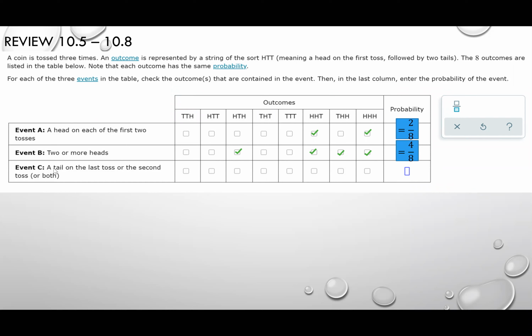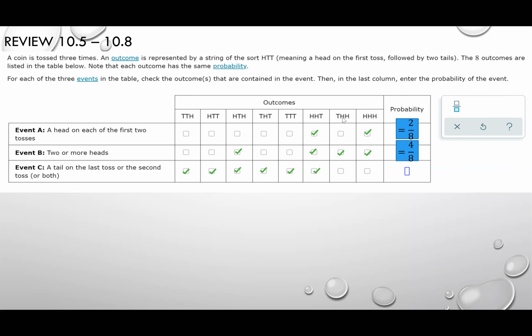Now they ask you for a tail on the last toss or the second toss or both. So we need a tail on the last one or on the second one or both. The tail on the second one is here, so we choose it, because of the word or. The tail on the last one, we choose it.